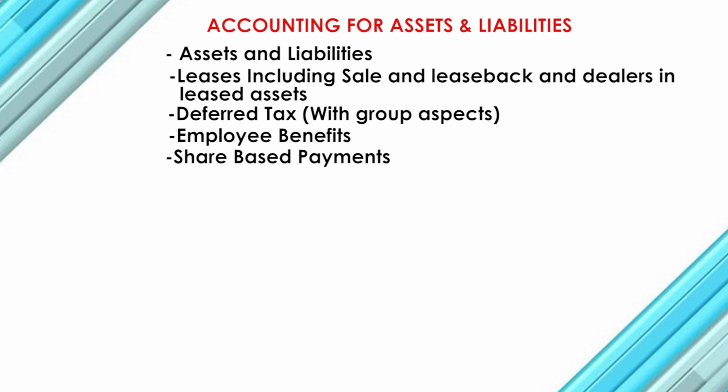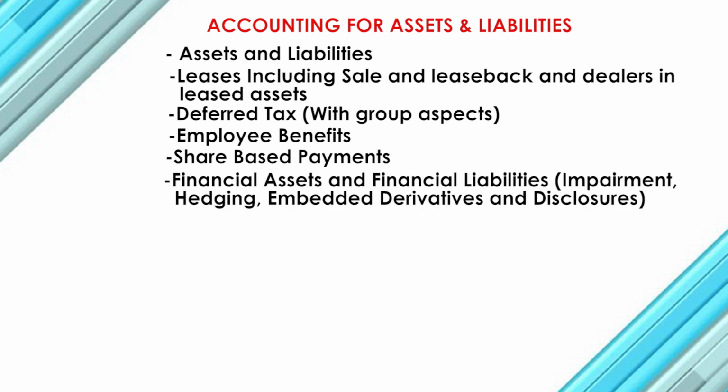In subtopic number 6, we are going to look at another topic which was covered in Financial Reporting and Analysis at the intermediate level, accounting for financial assets and liabilities in accordance with International Financial Reporting Standard number 9. Then we have subtopic number 7, which is about fair value measurement.